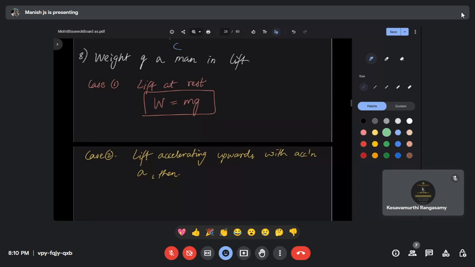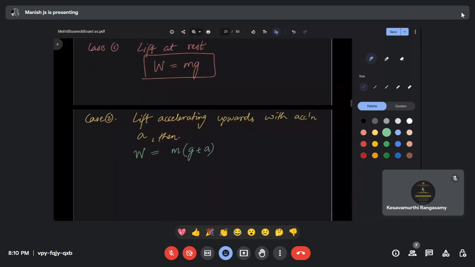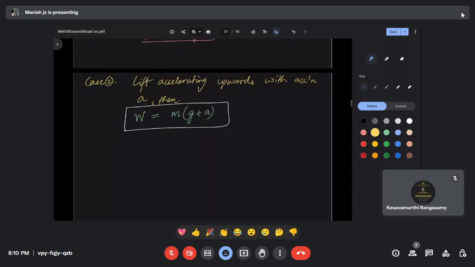That is given by weight is equal to mass of the person and the acceleration of the lift, which is upwards. So m times g plus a. This is the formula that we use for lift accelerating upwards. Quite important.